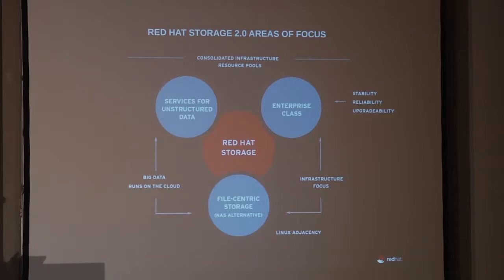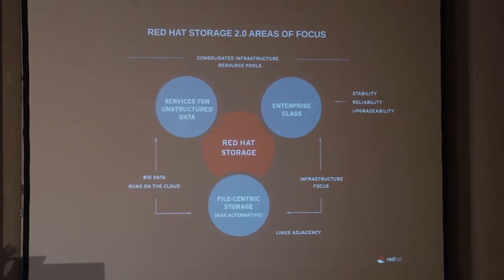And the things that we really worked hard to get out the door before we released were, we focused on services for unstructured data, and Vijay will come into the details on what exactly we did there. We focused on making it enterprise class because Red Hat is now backing this product. It needs to be solid. It needs to work really well. Needs to be supportable. Needs to be upgradable, and needs to be supported worldwide.